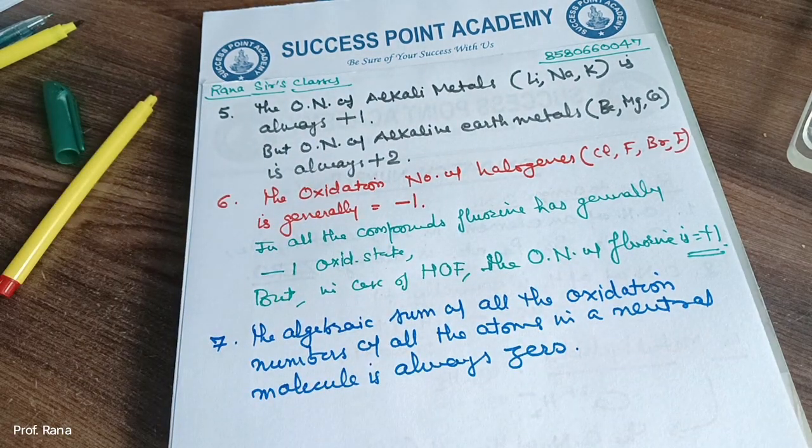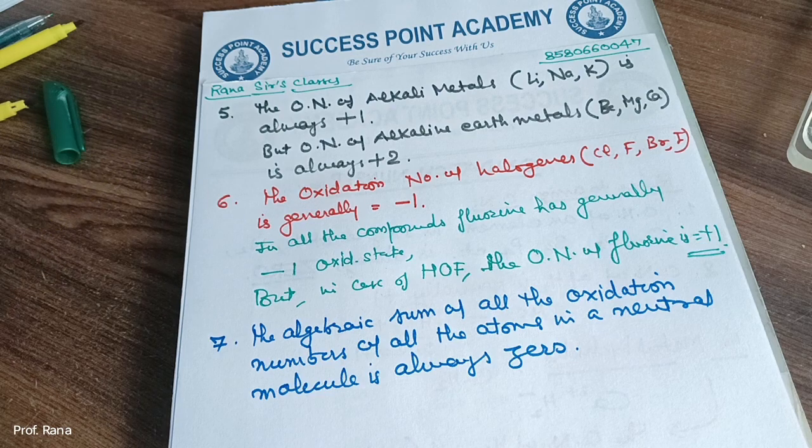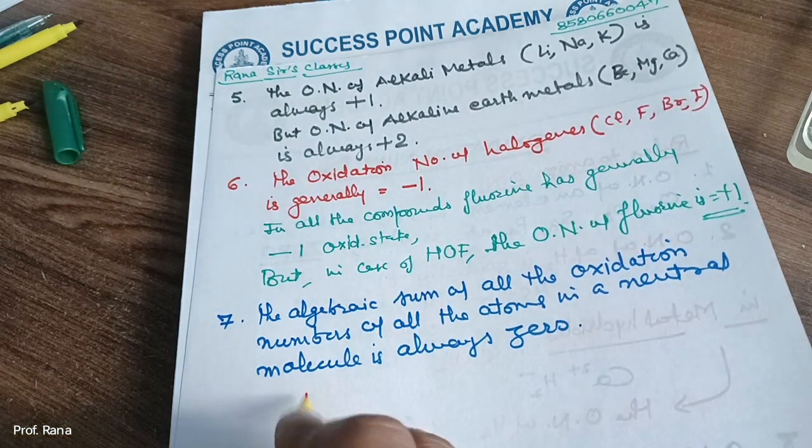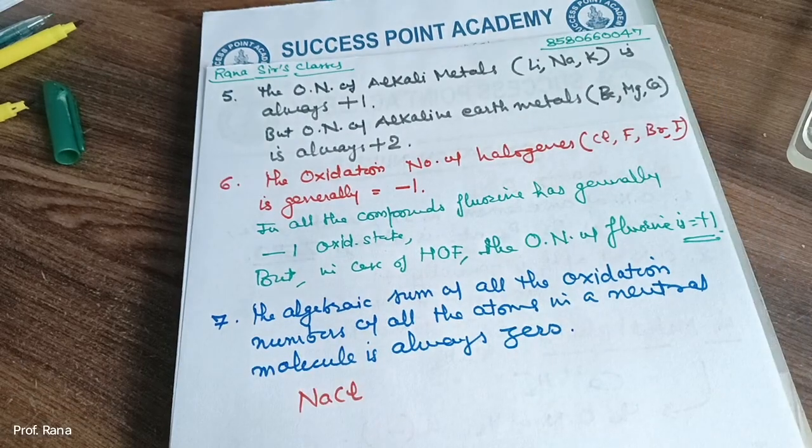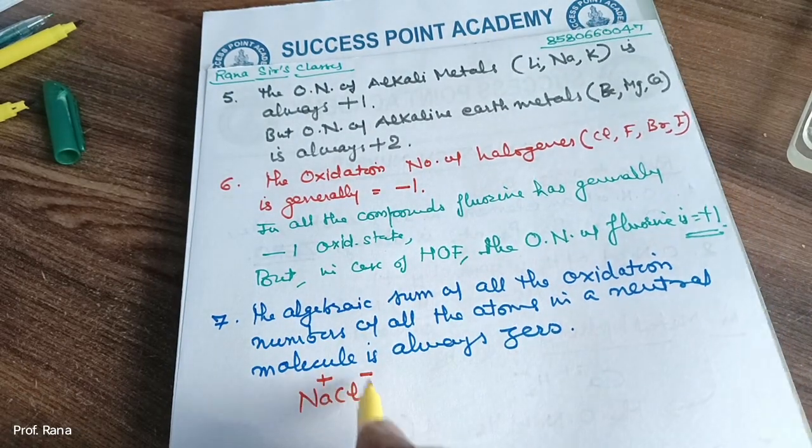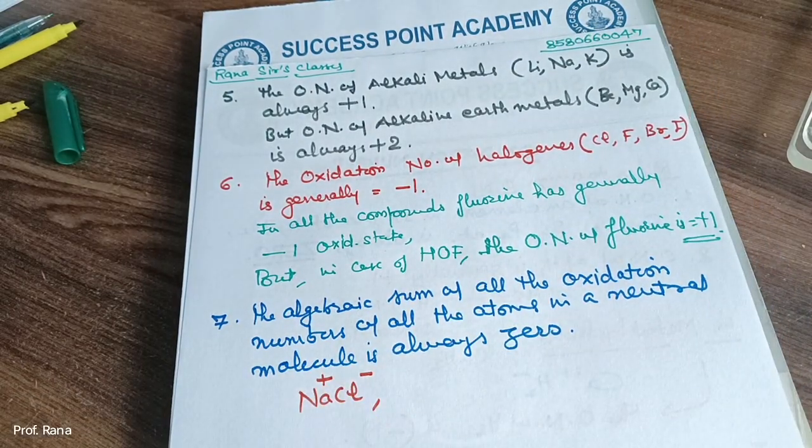This is very important to note. Suppose this salt is neutral to us. It is here plus, it is here minus. The plus and minus will cancel out when they are added.